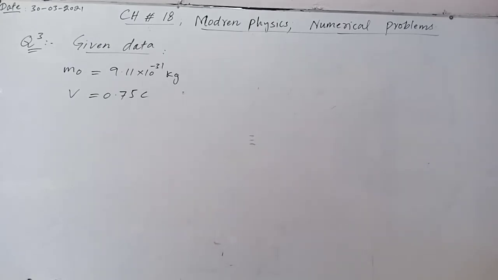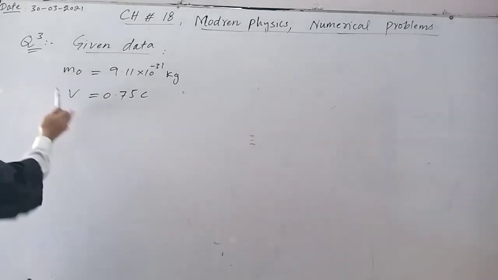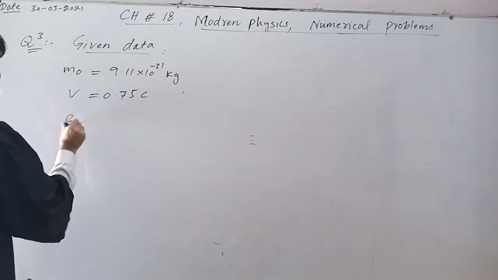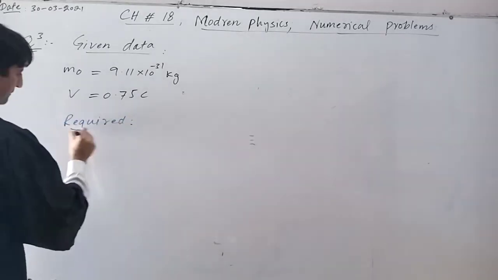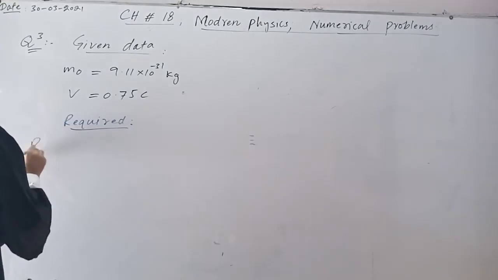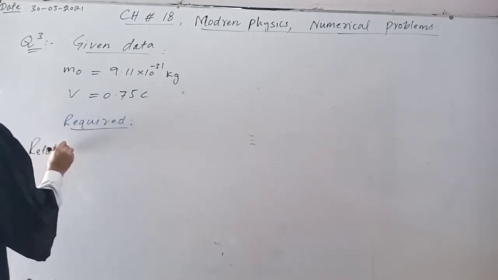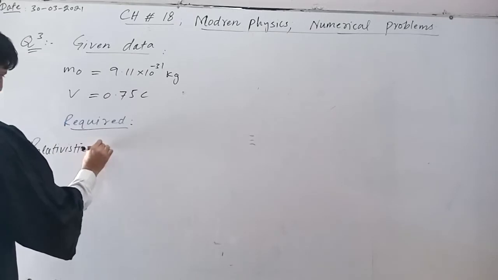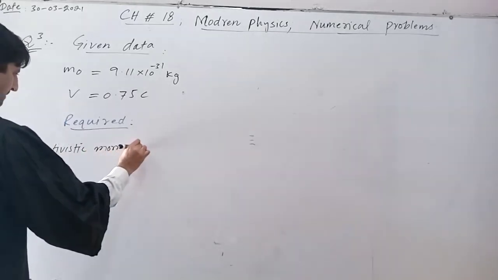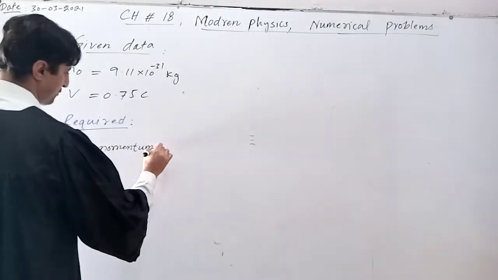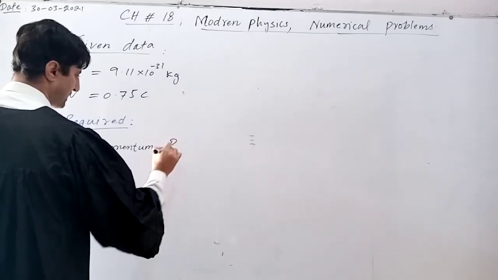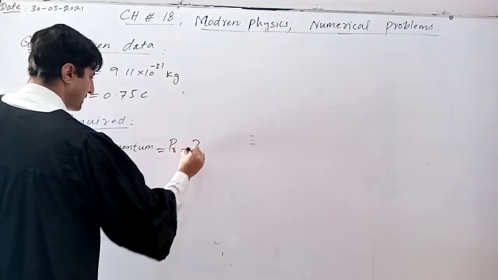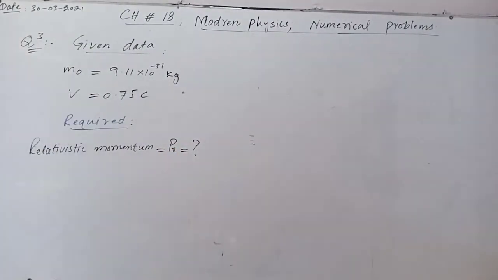Find its relativistic momentum. Now what is required? This is given data. Required is, we have to calculate relativistic momentum. Relativistic momentum is represented by the symbol P. P is for momentum, and this R. PR is the relativistic momentum for this electron.